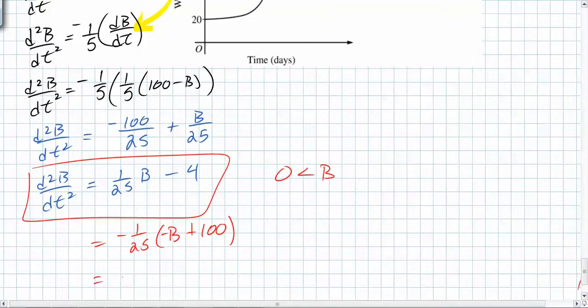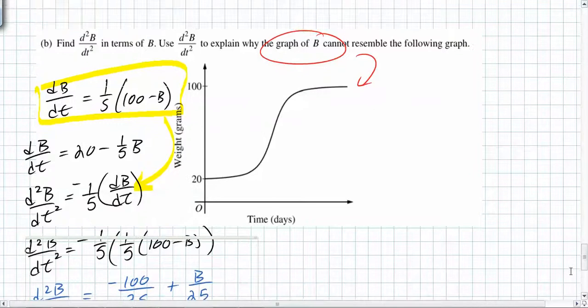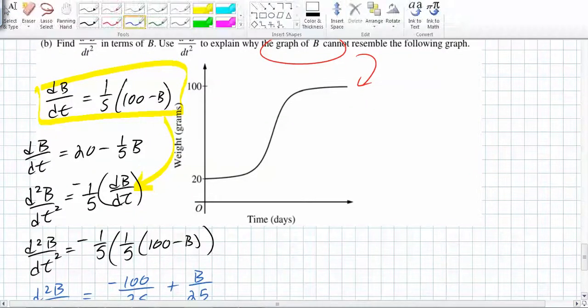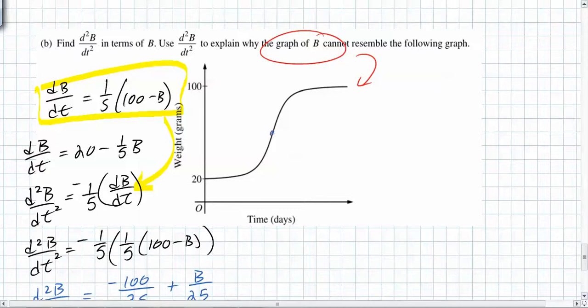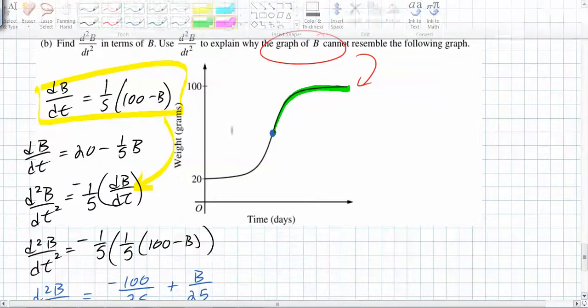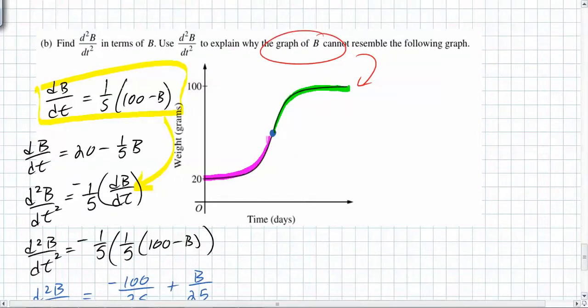So we end up with negative 1/25 times (100 minus B). That's another way to write out concavity here. What does it look like? There's a point of inflection right about there. It looks like it's concave down here and concave up right there.